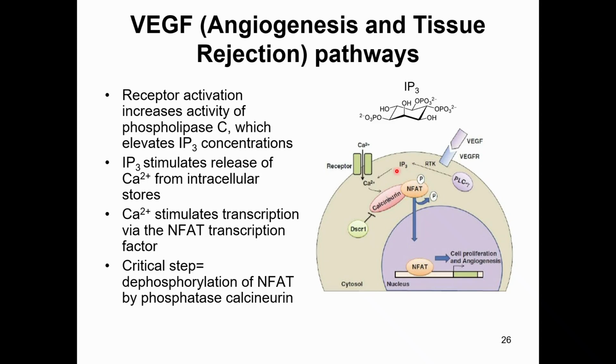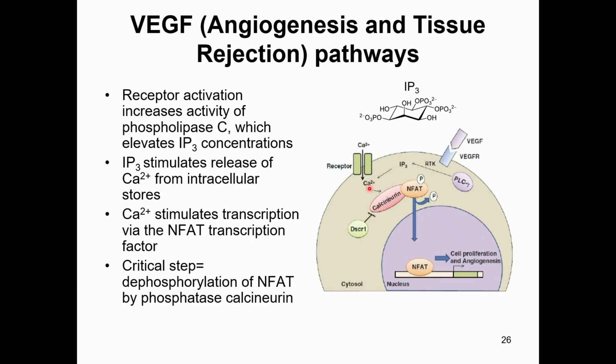And IP3, here's what it looks like. Remember, this is one of these soluble second messengers. IP3 then can diffuse, and it causes a calcium channel to open. Okay? So calcium ions then can rush into the cell, and some of it's actually mobilized from internal intracellular stores. But at any rate, IP3 causes increases in calcium levels.